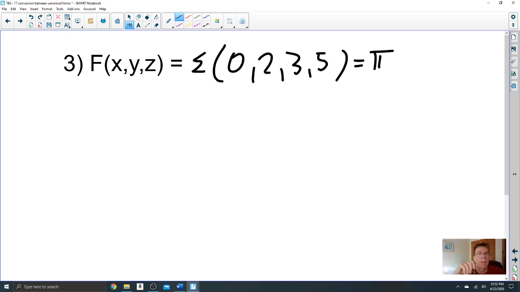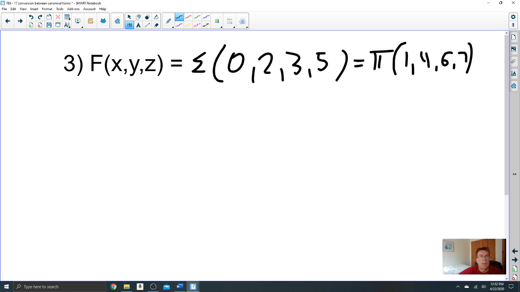If the function is the sum of minterms 0, 2, 3, 5, the same function is the product of maxterms 1, 4, 6, and 7. And that is the answer.